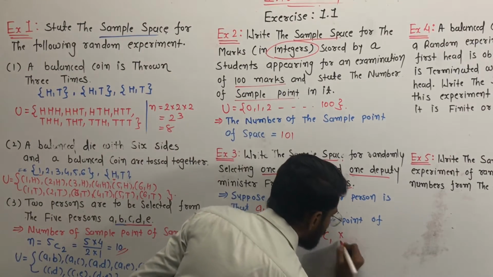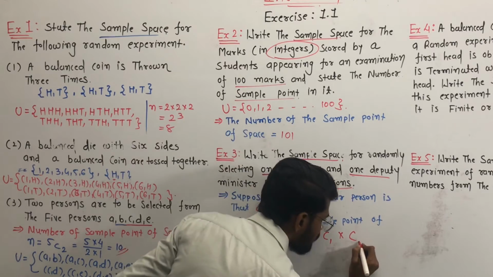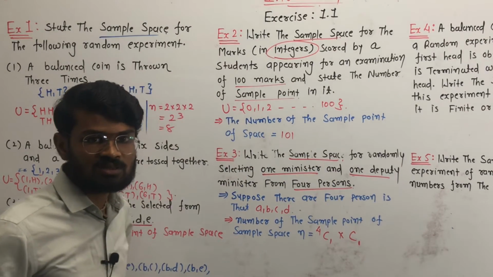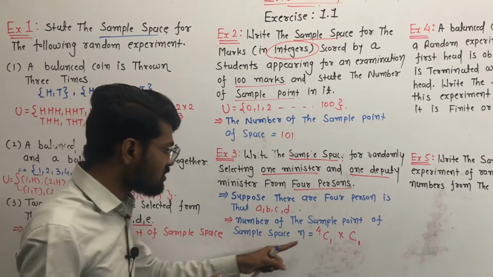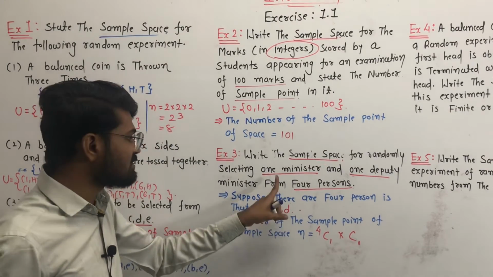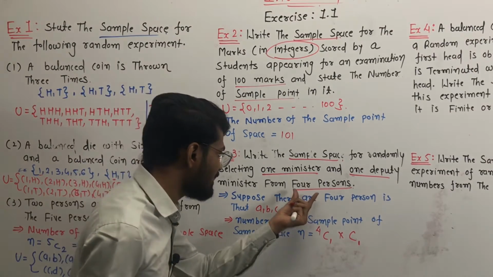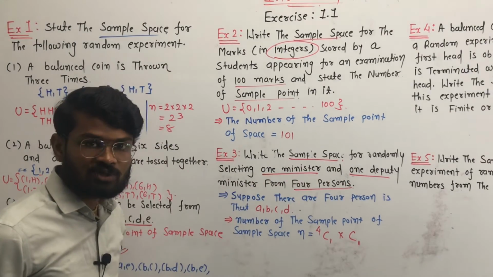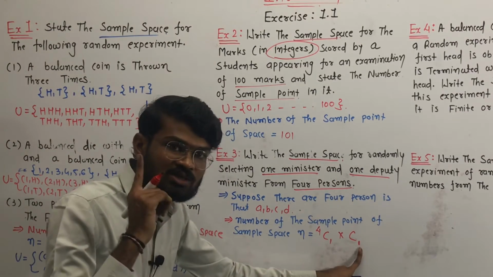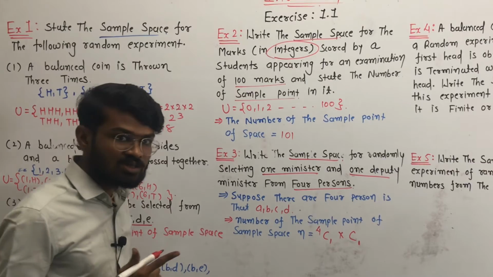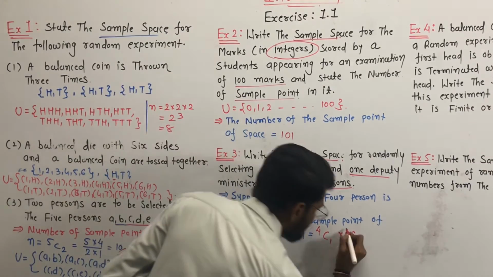Now we have to select one deputy minister, but out of the remaining 3 persons, because one person is already selected as minister. So the deputy minister is selected from the remaining 3 persons.